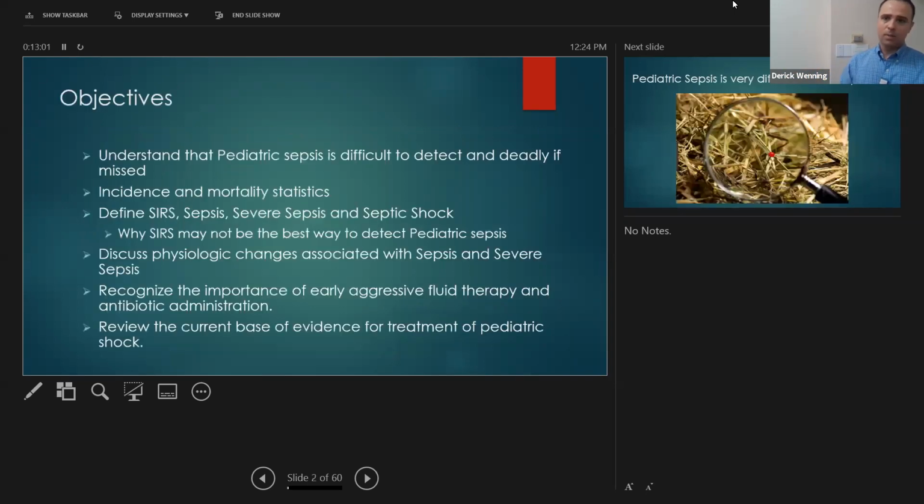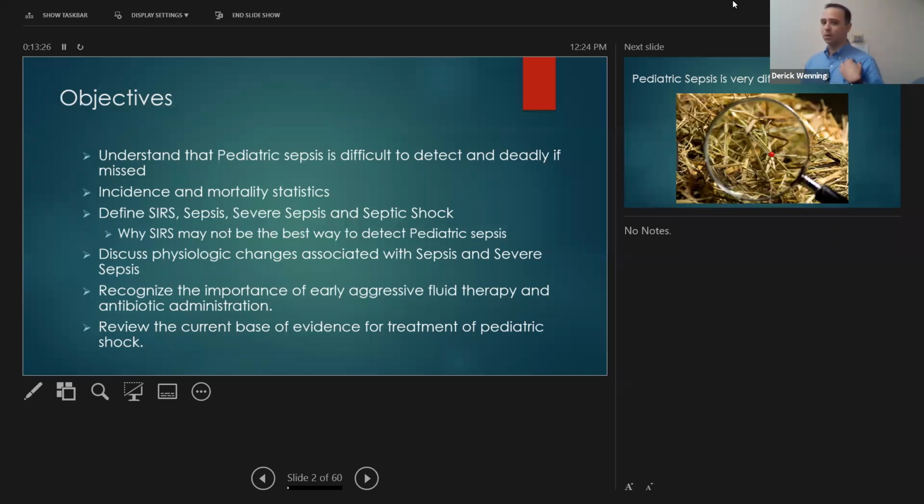So here are our objectives. We're going to talk about how sepsis is difficult to identify and detect, and it's deadly if it's missed. You know, there's a kid in the PICU right now who was actually identified and still quote unquote missed. So we're going to talk about incidence and mortality statistics, define SIRS, sepsis, severe sepsis, and septic shock in pediatrics, as we don't even talk about that in the adult literature anymore.